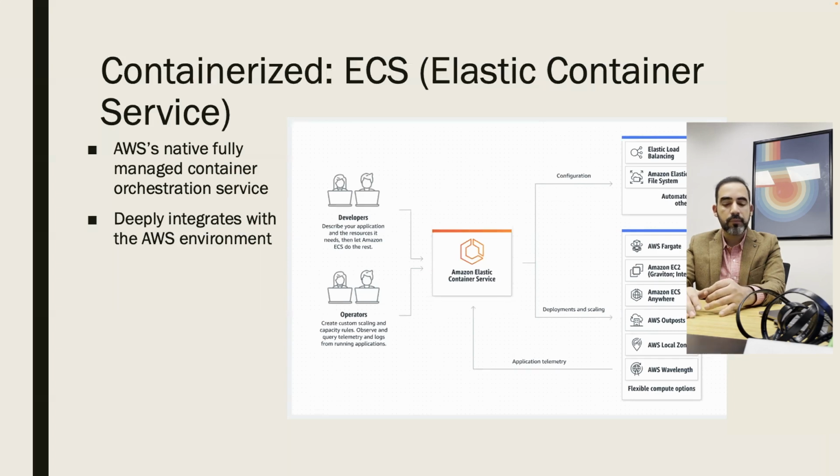Kubernetes cluster. The other thing is that ECS natively integrates with AWS services. For example, if you want to use a load balancer, an ALB, with your application, within ECS you just connect or integrate it with an ALB.